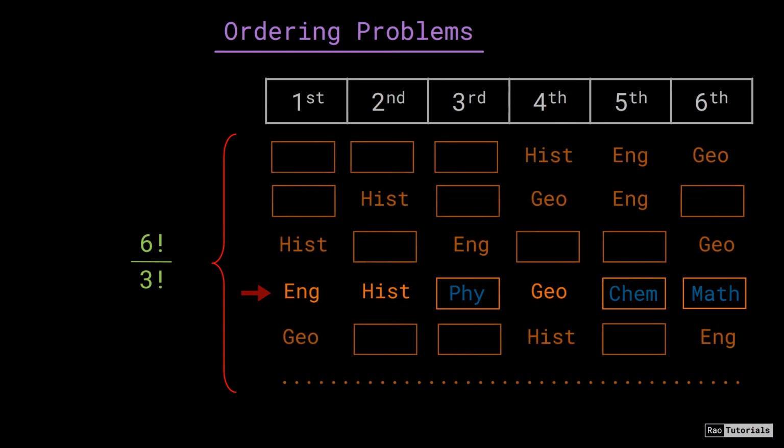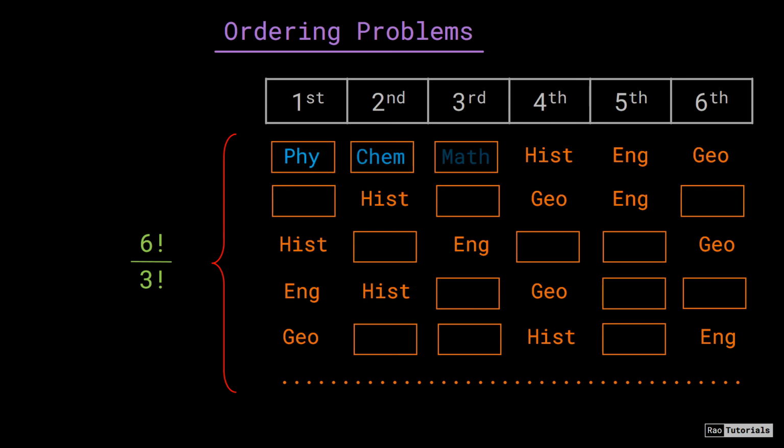In fact, each of these routines, even with the blanks, is pretty clear. The blanks in each one of them can be filled in just one way: first physics, then chemistry, and then math. So there are this many possible ways in which we can have a routine where the subjects physics, chemistry and math follow a specific order.